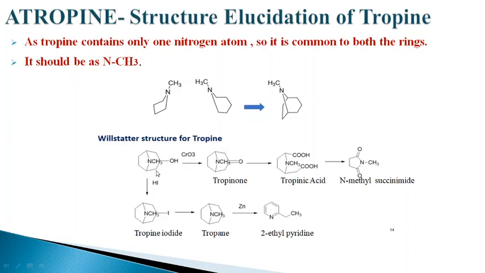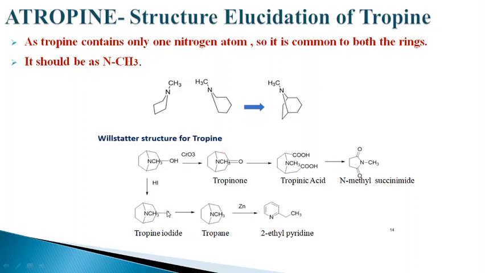Another set of reactions: when tropine is treated with HI, nucleophilic substitution of OH takes place, converting it into tropine iodide, which on reduction forms tropane.